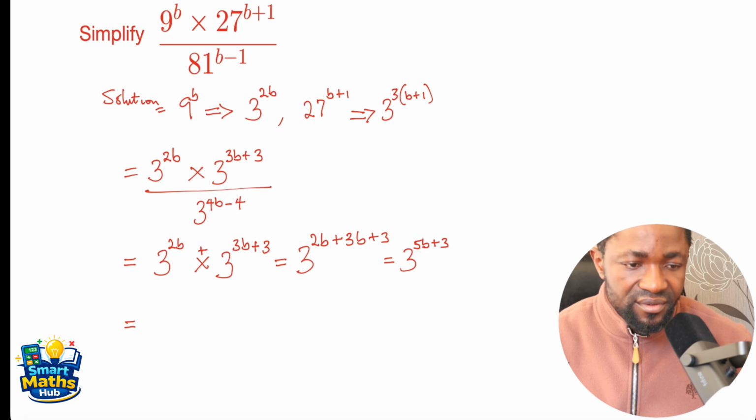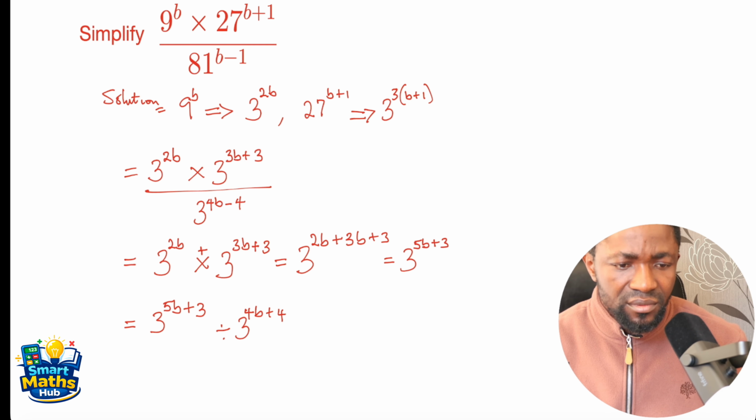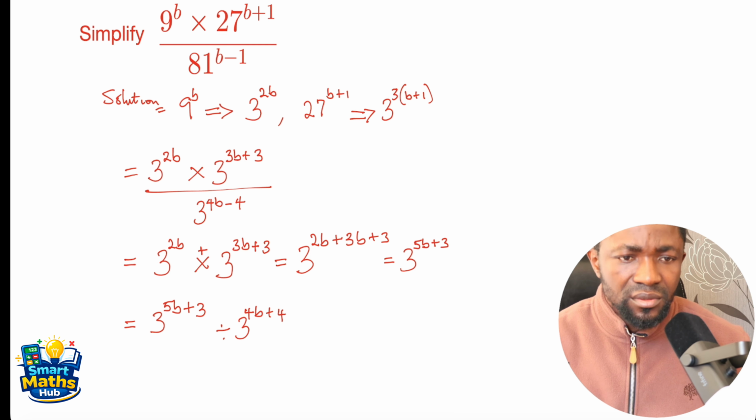So you have 3 raised to power 5b plus 3, divided by our denominator, 3 raised to power 4b minus 4.